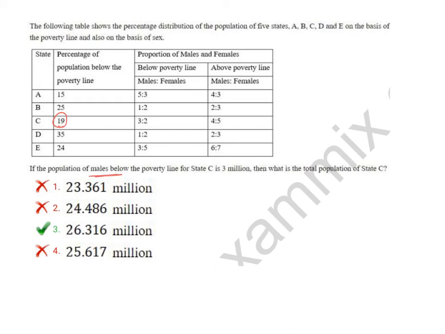So male is 3 by 5th of 19%, which is 3 million. So what is the total population, he is asking. So what is 100%? 3 you can cancel. Therefore if you cross multiply, it will be 500 by 19.